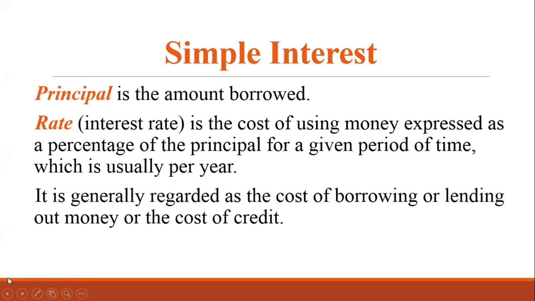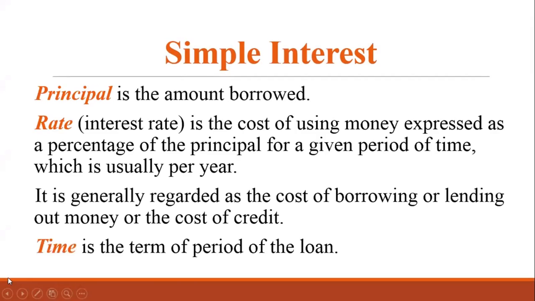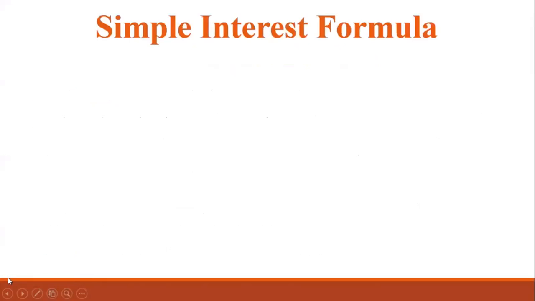It is generally regarded as the cost of borrowing or lending out money or the cost of credit. And for the time, this is the time or term of the loan.